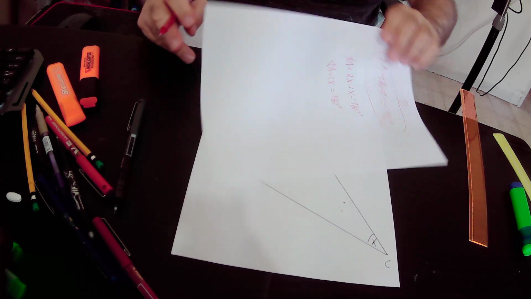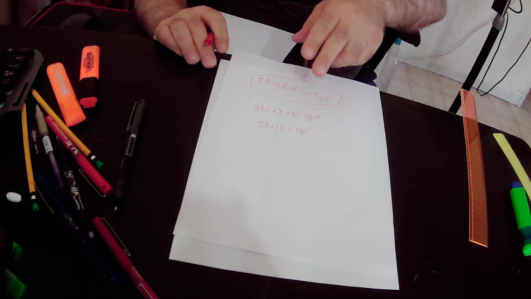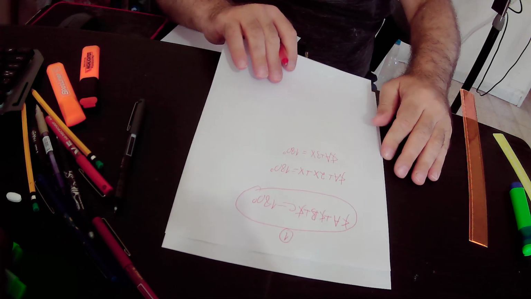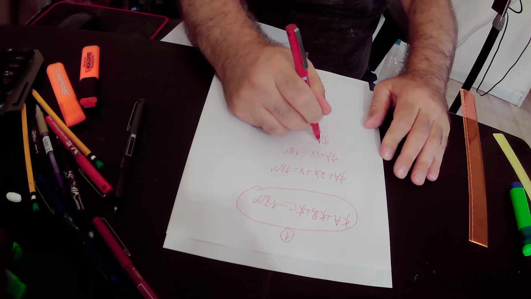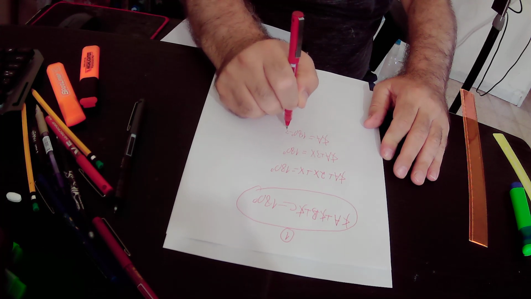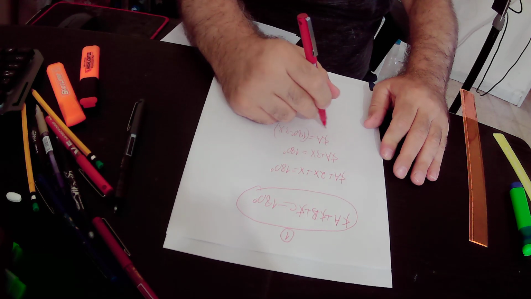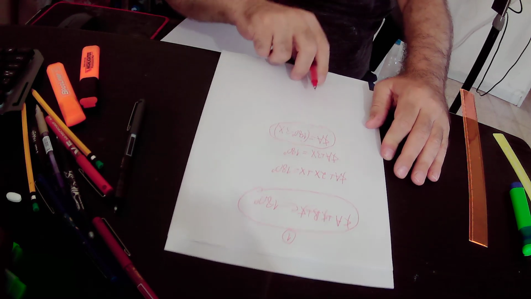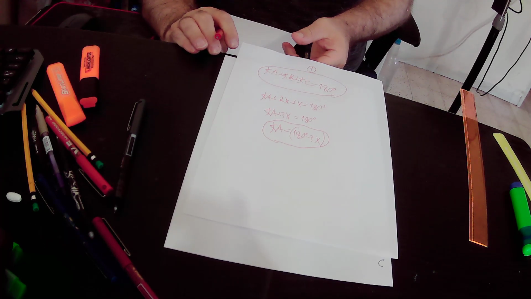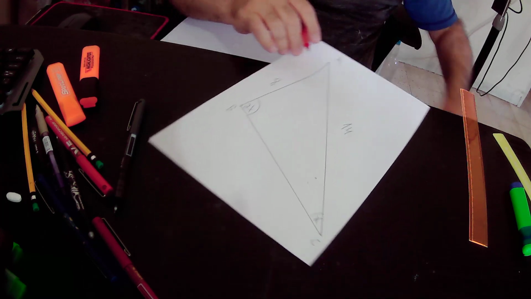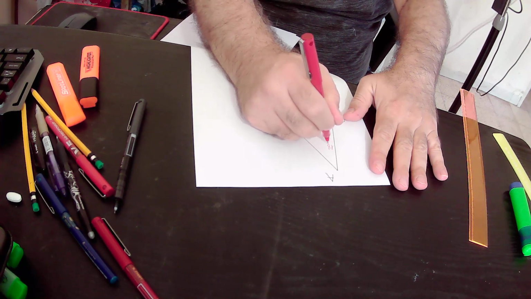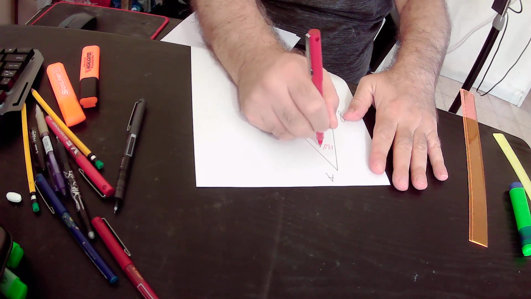So here we will subtract 3x from this equality in order to get the value of angle A. We will get that the value of angle A equals 180 degrees minus 3x.